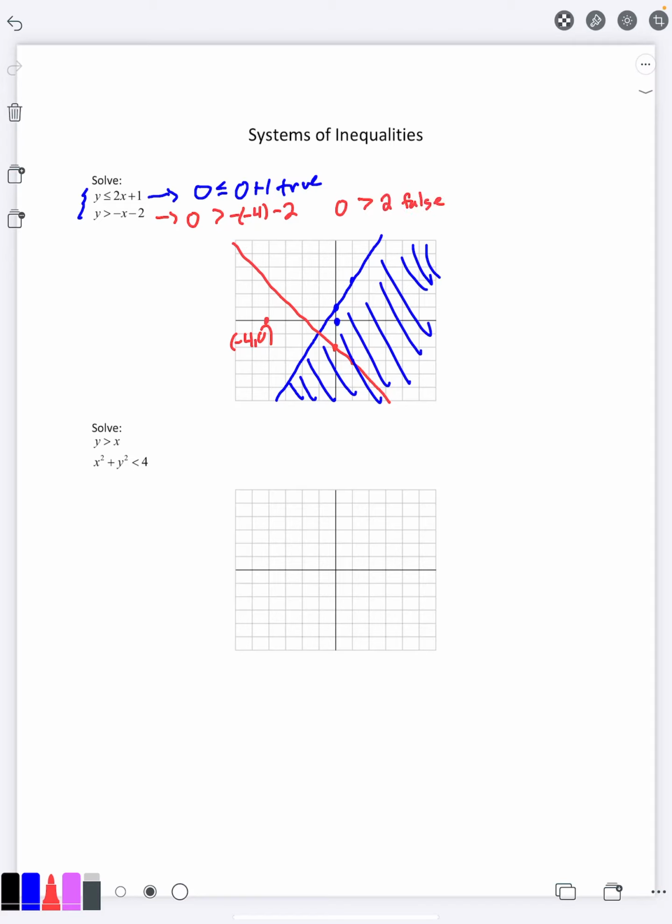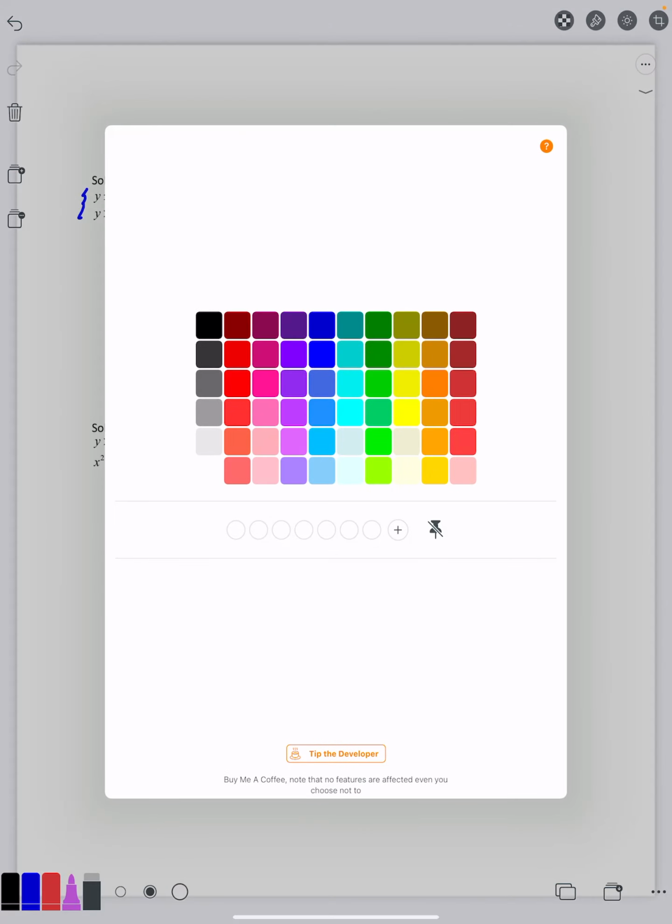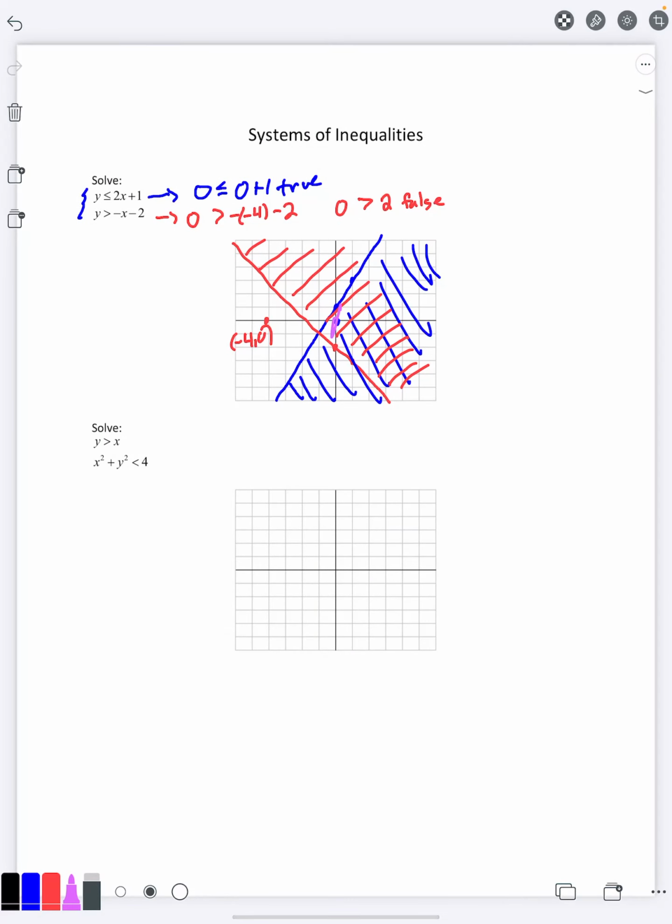Whenever you get a false statement, you do not shade the side that you were on for the point, you shade the opposite side. So I would shade the side that's not including the point -4, 0. However, because this is a system of equations, we're looking for points that work for both red and blue. So that means we want the overlap. The purple is where our answer would be.